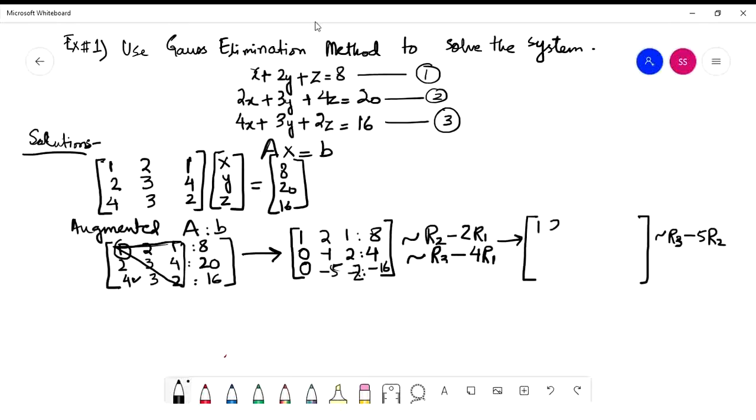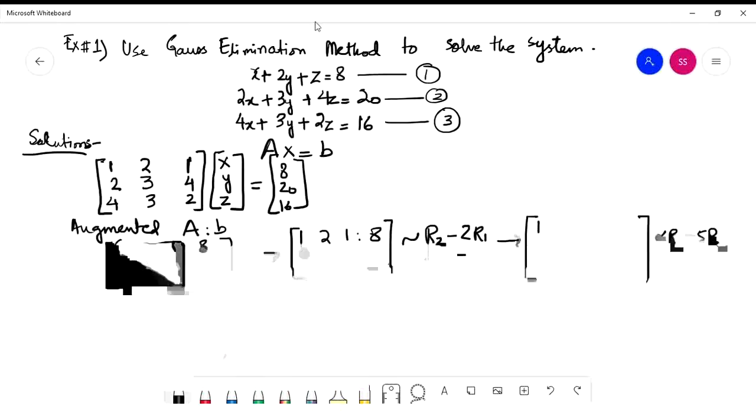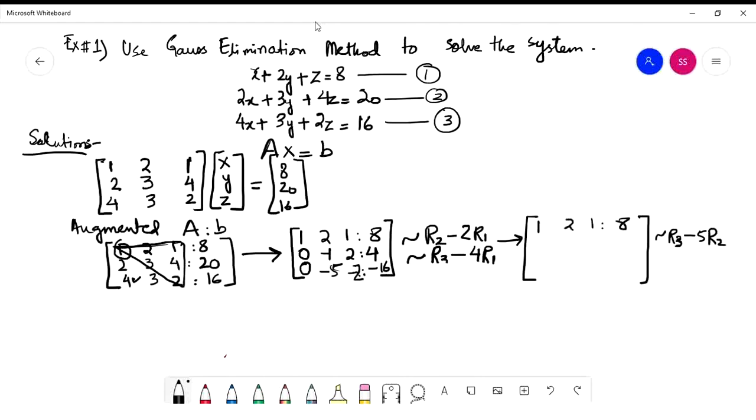There is no change in the first row: 1, 2, 4, 8. There is no change in R2. It remains as it is. And the next step is 0, then minus 5 plus 5 into 1 equals 0.